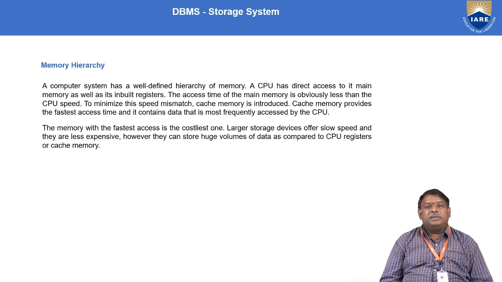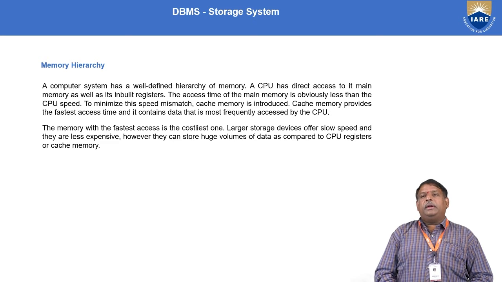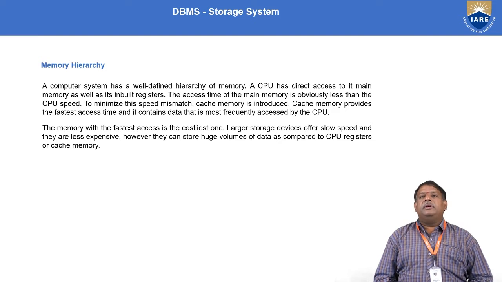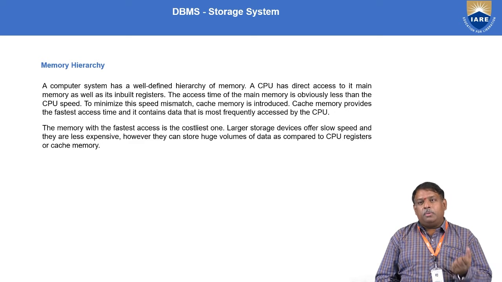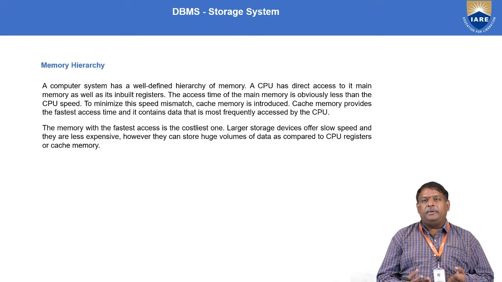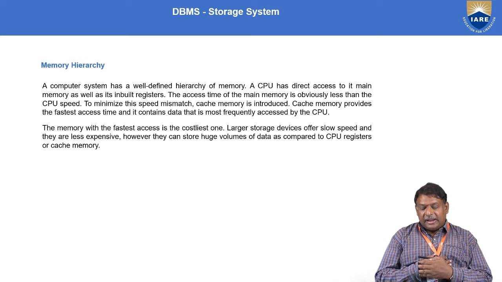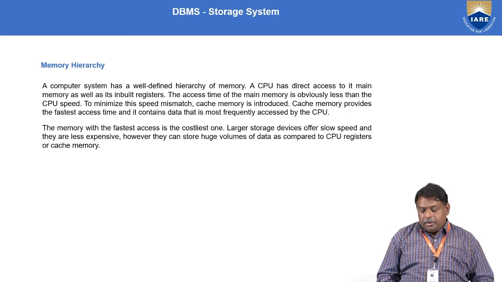The memory with the faster access is the costliest one. Large storage devices offer low speed but are less expensive, and they can store huge volumes of data compared to CPU registers and cache. The CPU registers hold less memory but are the fastest, whereas the largest storage offers more memory but at low speed.